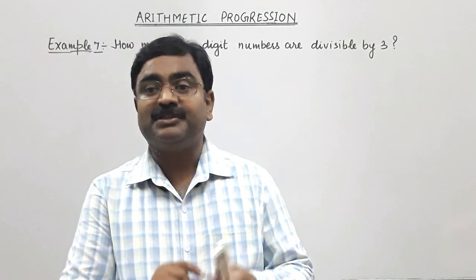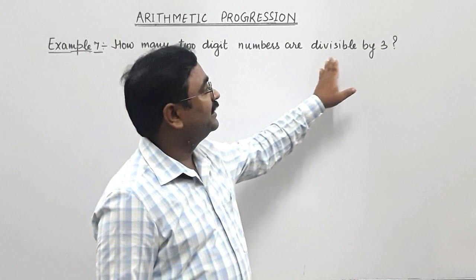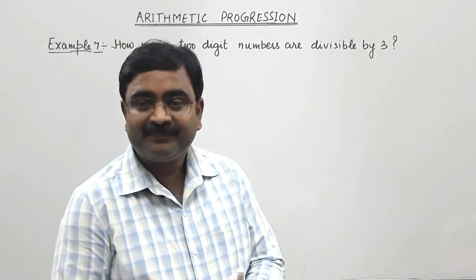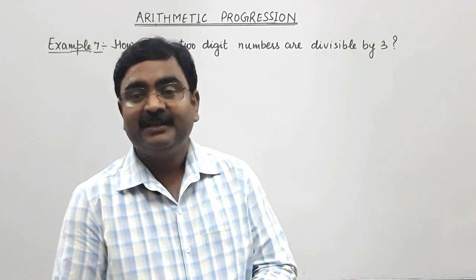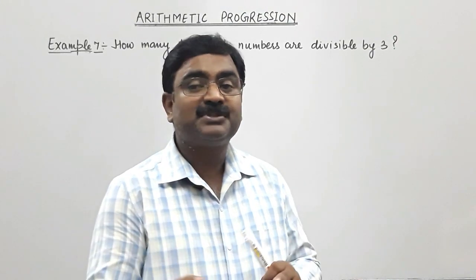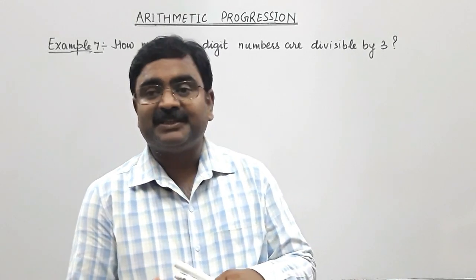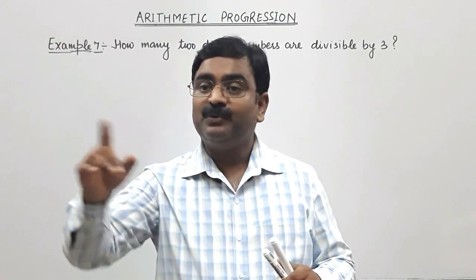But the question is, सभी नंबर्स हमें नहीं लेने हैं. हमें लेने हैं क्या? That they are divisible by 3. So is 10 divisible by 3? 10 3 से divisible नहीं है. 11 भी नहीं है. So 12, 3 fours are 12, means the two-digit numbers which are divisible by 3 start from 12 up to 99.